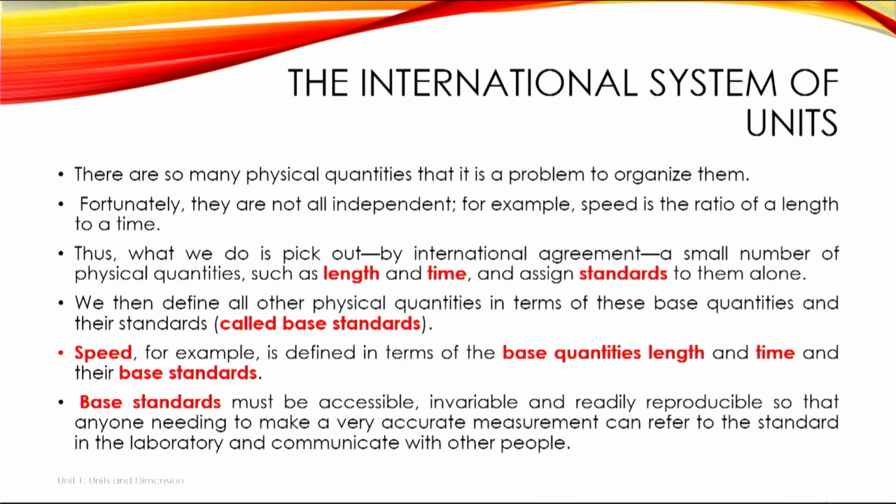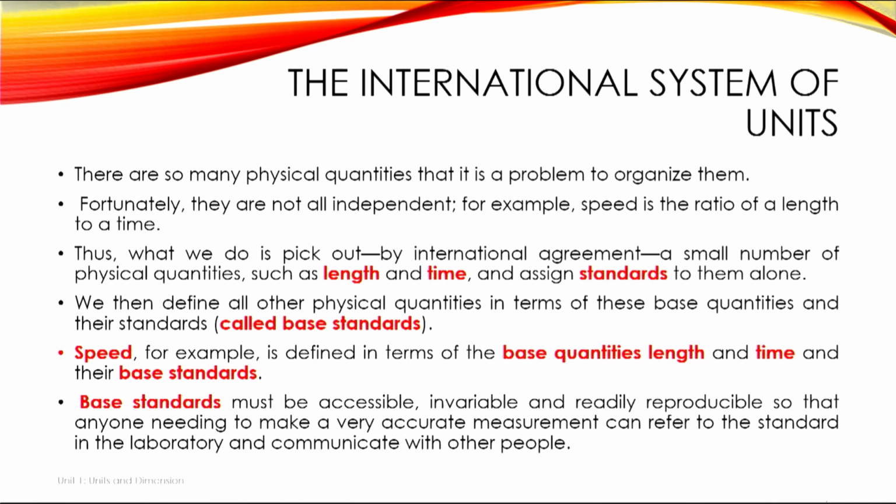Talking about the International System of Units, there are so many physical quantities that it becomes a problem to organize them. Fortunately, they are not all independent. For example, speed is the ratio of length to time.